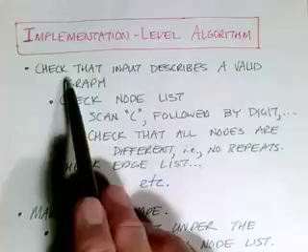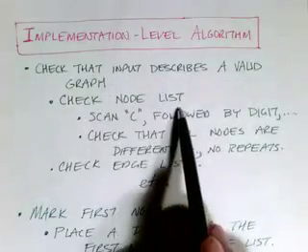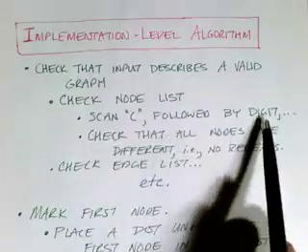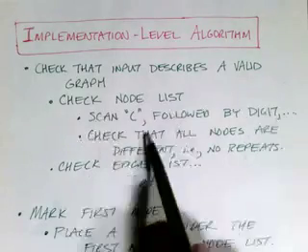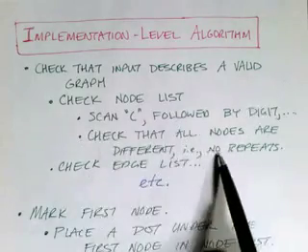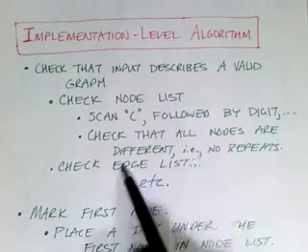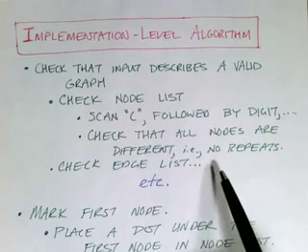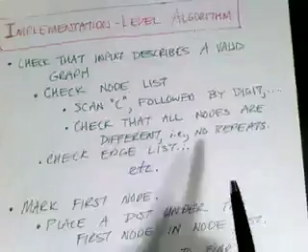We have things that say, like, check that the input describes a valid graph, which means we have to check the node list. So we have to scan an open parenthesis, and it must be followed by some digits, followed by commas, and so on. And then we check that all the nodes are different. Make sure that no node is repeated in the node list, because that would cause us problems. And then we have to check the edge list, making sure it's pairs of numbers, and then each number is one of the nodes that was in the node list, and so on.